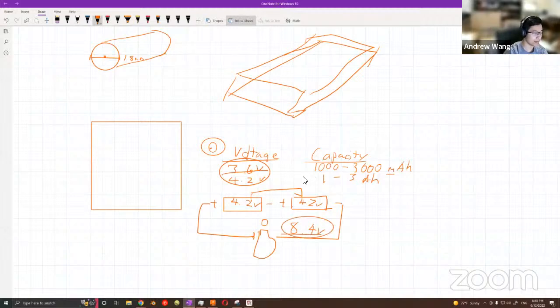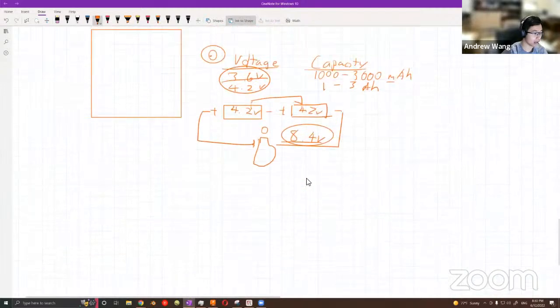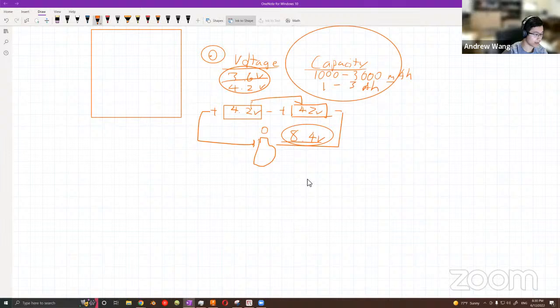But if I connect them in parallel, I then change the capacity of the cell. So I have these packs of parallel cells. These are all positive, positive, positive, positive, positive, negative, negative, negative, like that, and they're all connected.